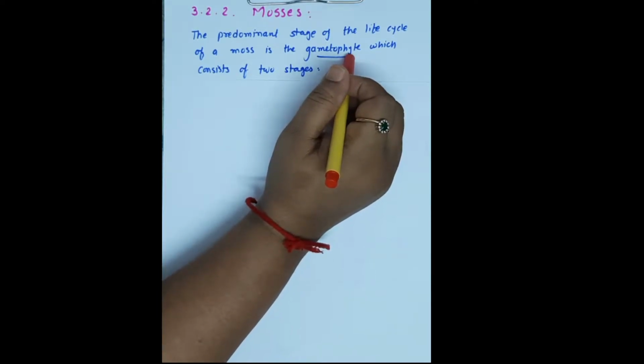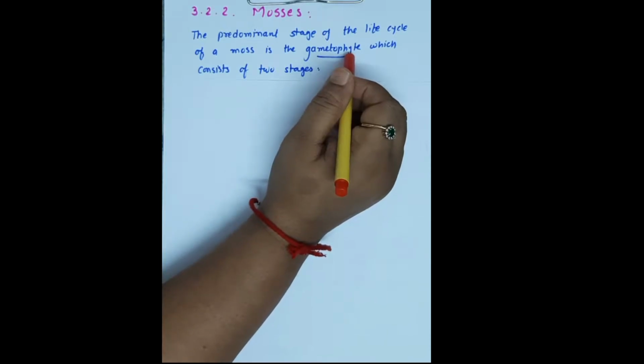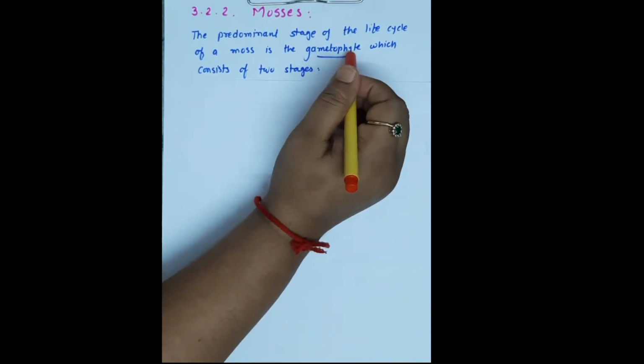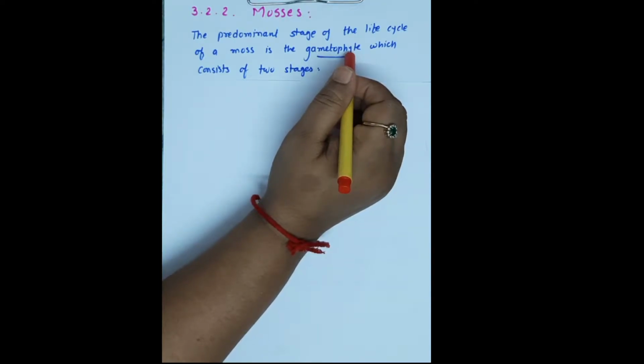As we know, when we talk about bryophytes, the main phase, which is leafy and autotrophic, is the gametophyte. Remember again that bryophytes have three classes.